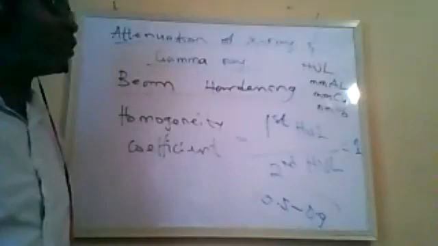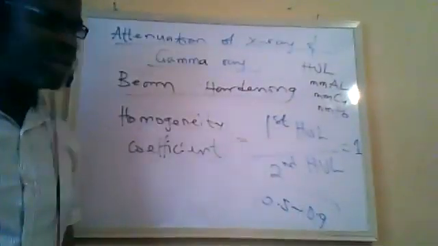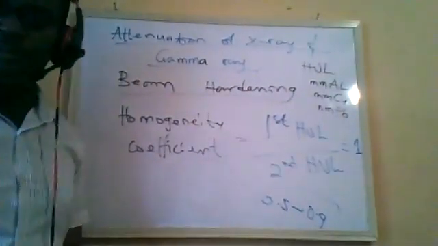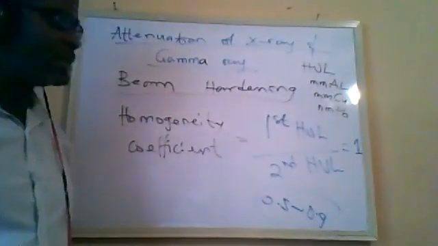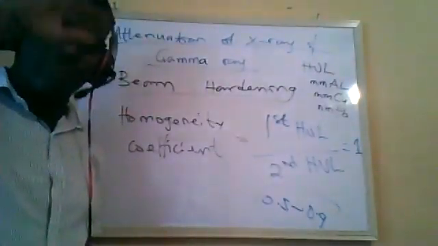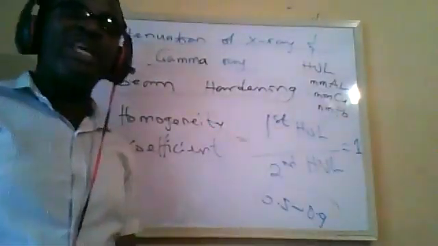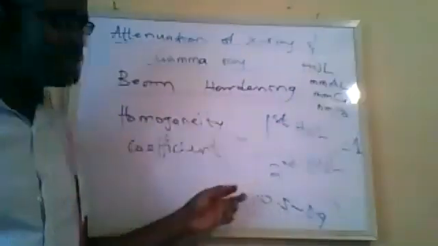In fact, for a polyenergetic beam, the second HVL is always greater than the first HVL. It's a common question. To reduce the amount by half, you have to increase the thickness for the second HVL. But for a monoenergetic beam, you don't need that.